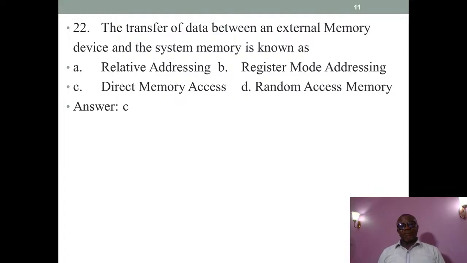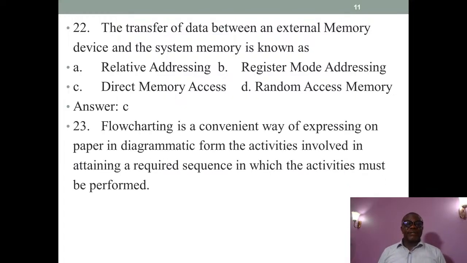It helps the system move data directly from the input or to the output device without having to bother the CPU. When that happens, the system acts faster because the CPU is not involved. So call that DMA, direct memory access.